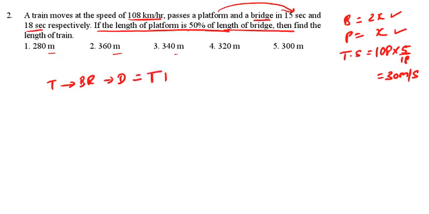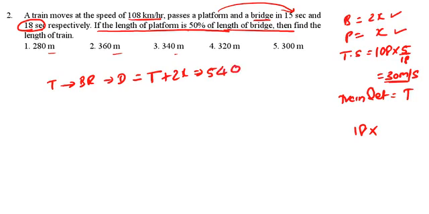Train length I am taking t. Train length is not given, so train length t plus bridge length 2x. The train is crossing the bridge in 18 seconds, and 30 is the speed. 30 into 18, 540.